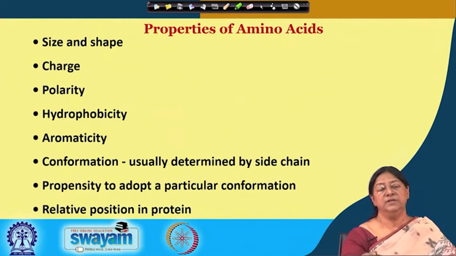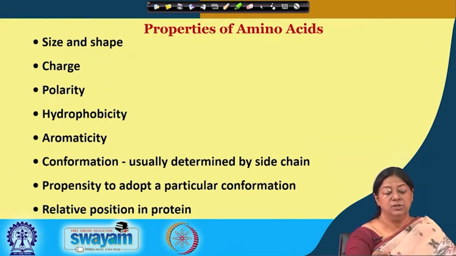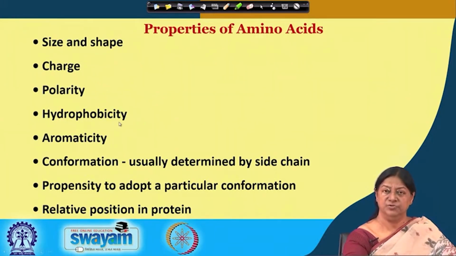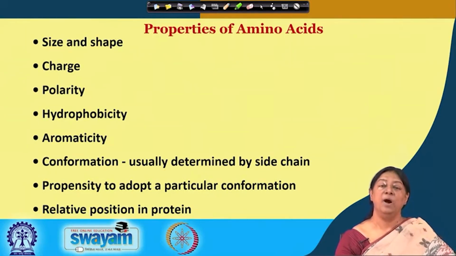But first of all, we need to understand the amino acid's acid-base behavior. So, we will get a knowledge of why they behave as they do. The size and shape is an important feature of the amino acid. So are the charge, the polarity, its hydrophobicity, its aromaticity, the conformation that it usually adopts, the propensity or why it would adopt a particular conformation, and the position in proteins.